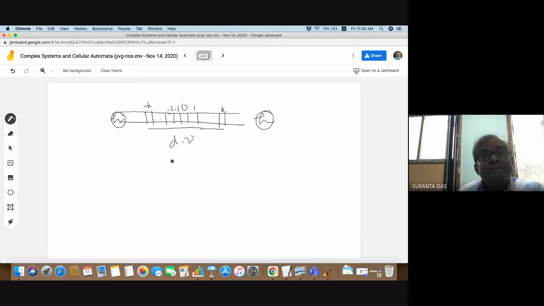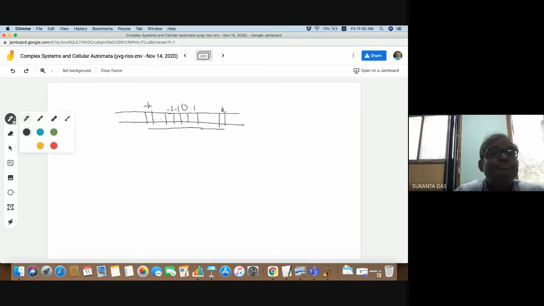Now, in case of p-NUCA, its demand is different. What is it saying? Let me use a different color. It is saying that some rule is applied here, then some rule is there, some rule is there. So a p-times set of rules is applied here, and similarly here.